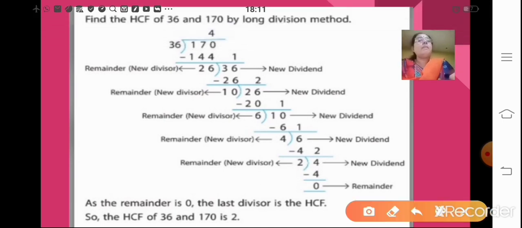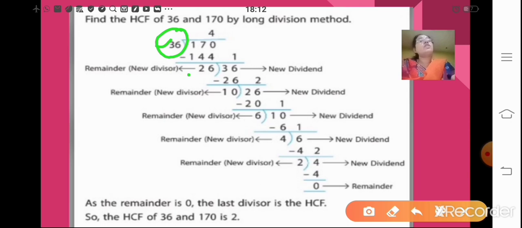170, the bigger number, will become your dividend. 36 is your divisor. When you divide it, 36 4s are 144. Now 170 minus 144 will give you 26. The remainder 26. Now this remainder will become your divisor and this 36, the first divisor, will become your new dividend.